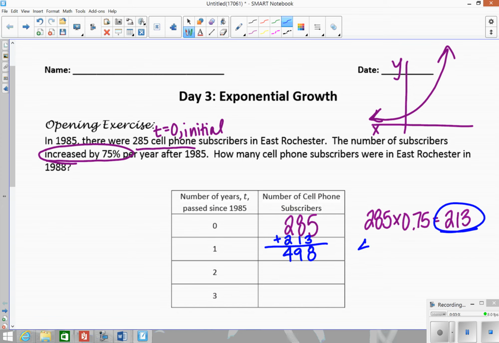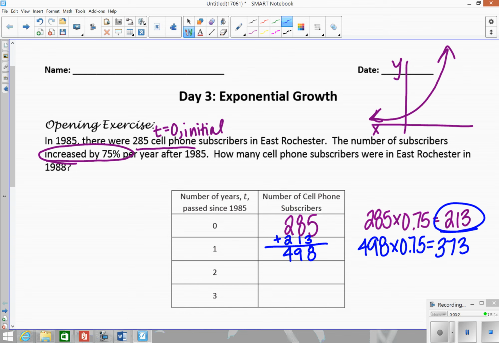So I'm going to take 498 and multiply that by 75%. And for that one, I'm going to get 373.5. Again, I'm not going to round that up. I'm just going to leave it at 373 because you don't quite have that next subscriber.